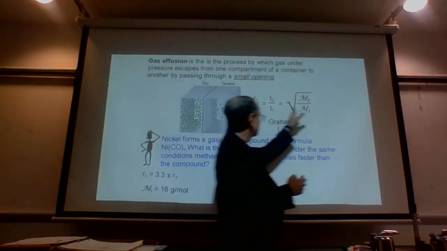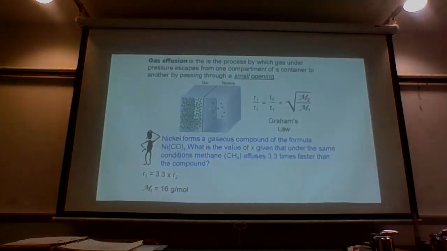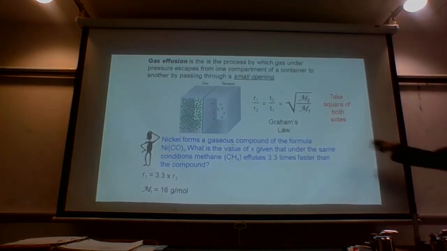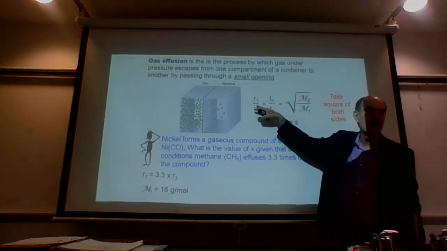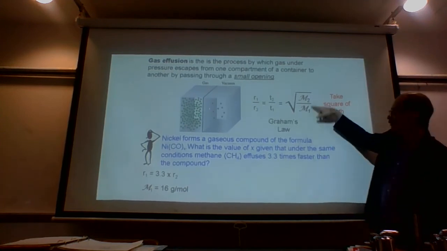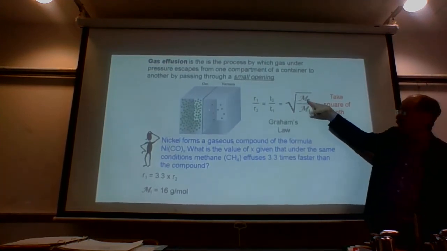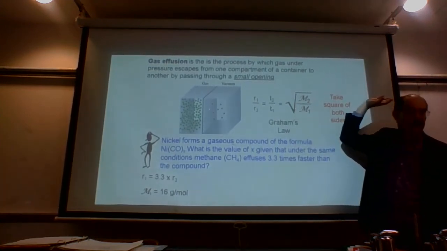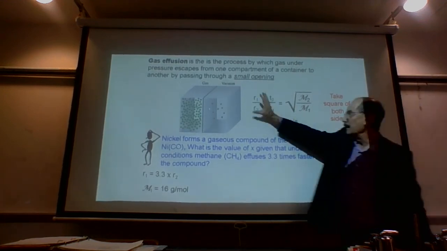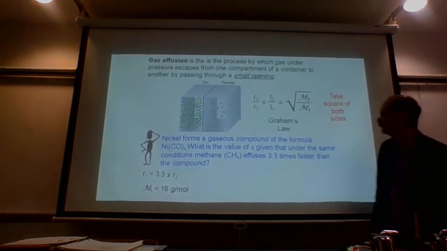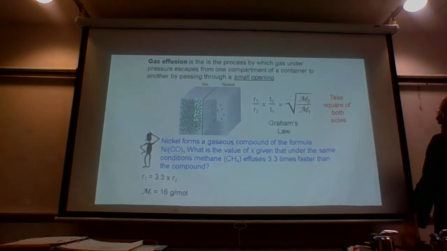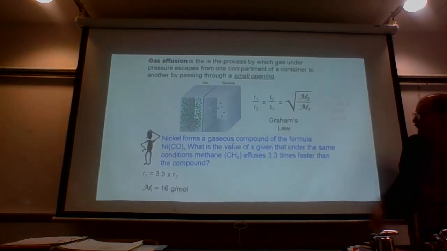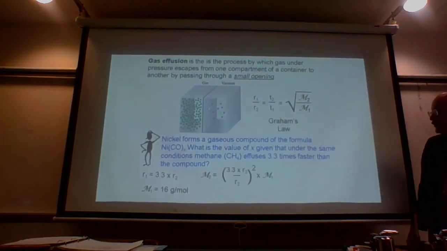So let's look at this expression here. And the first thing I'm going to do is take the square of both sides. So I'm going to take the square of this ratio, R1 over R2, and the square of the square root of this. So that means that I knock out the square root. I make this into a full square. And now what I need to find is, what is the value of my molar mass of my unknown?